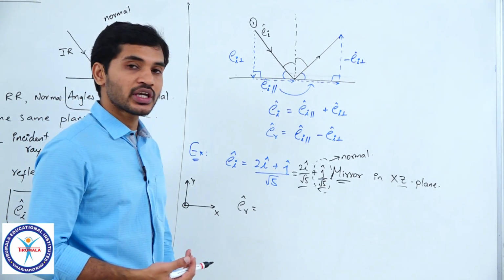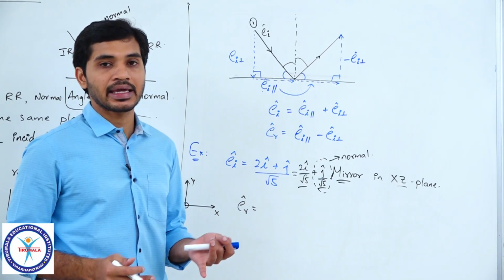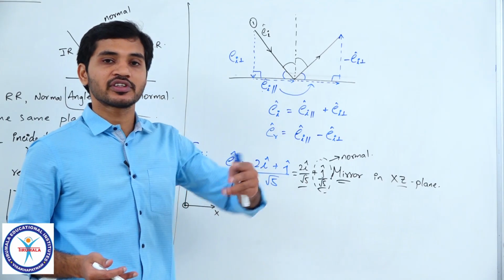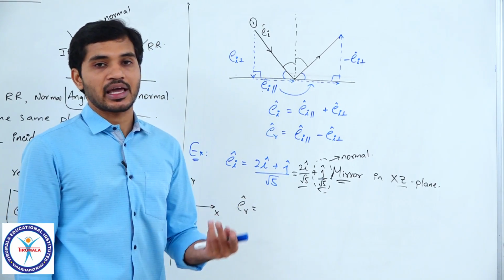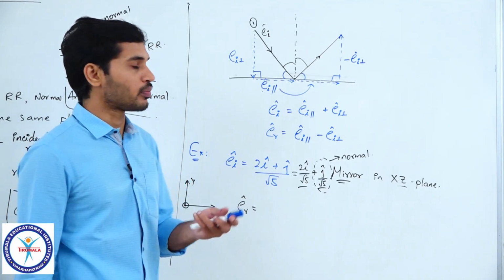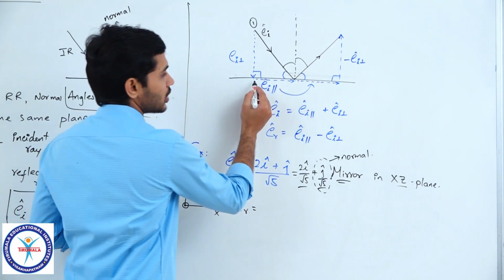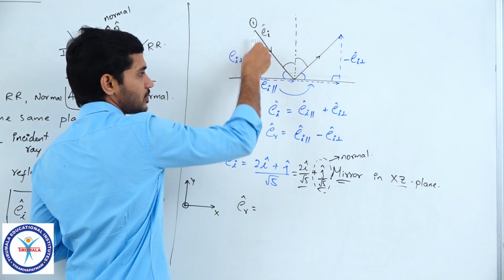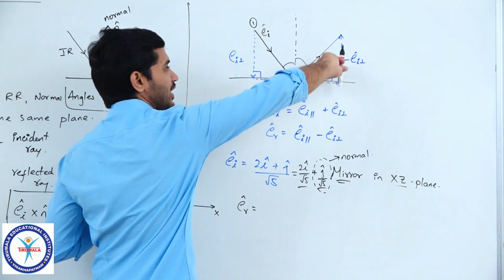I do not have to change any of the i cap and k cap components, but I will have to reverse the j cap component because that is along the normal. The parallel component will remain the same in direction, whereas the perpendicular component will get reversed.